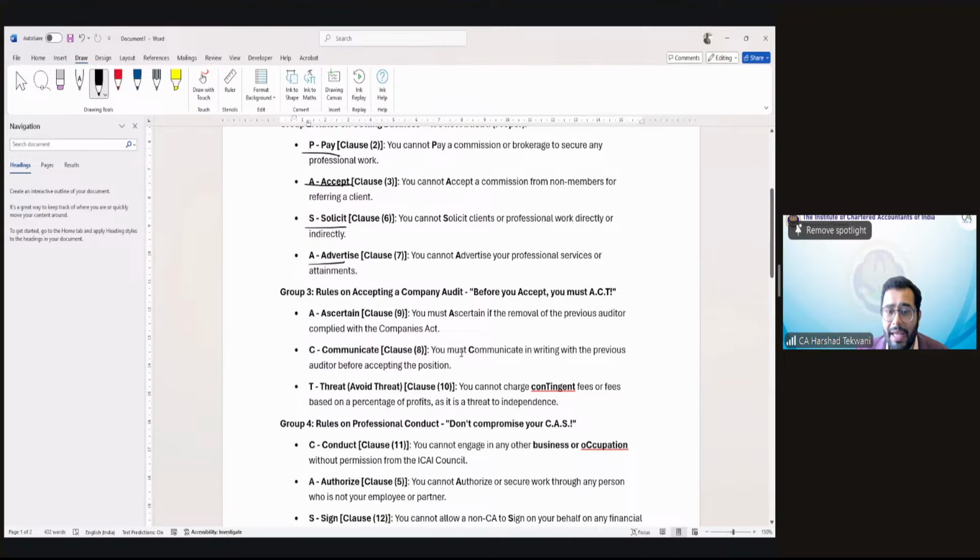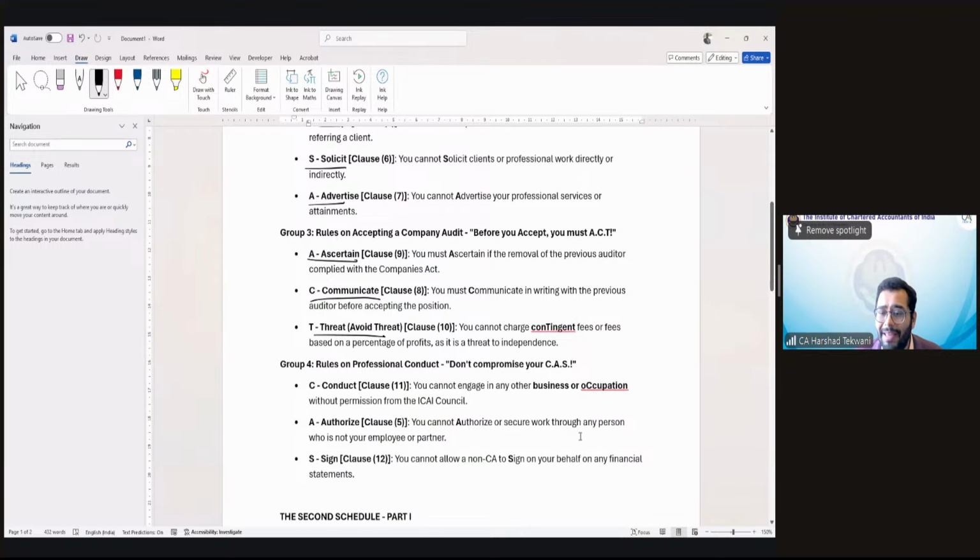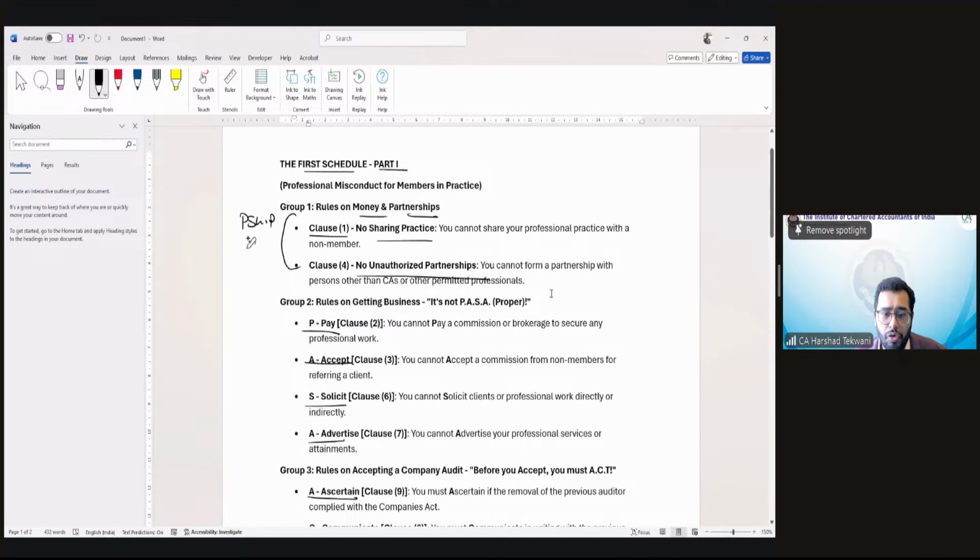Then the third category is: before you accept, you must act. Act means ascertain, clause 9, communicate, clause 8, and contingent fees and threat avoidance in clause 10. Then the last group is do not compromise your cash. That is conduct, clause 11, authorize, clause 5, and sign, clause number 12. So this is how I have created a summary for you to remember the clauses easily.